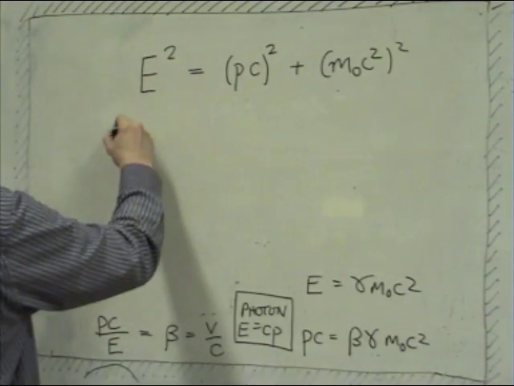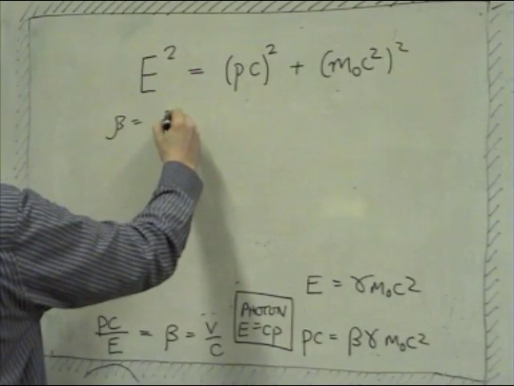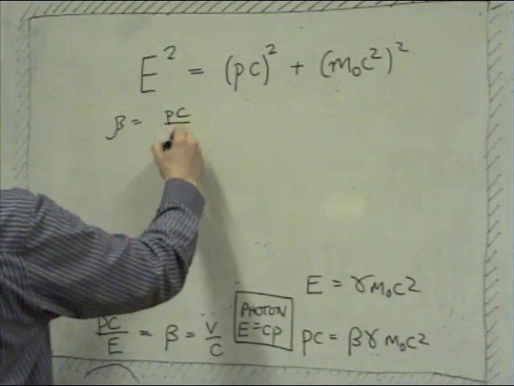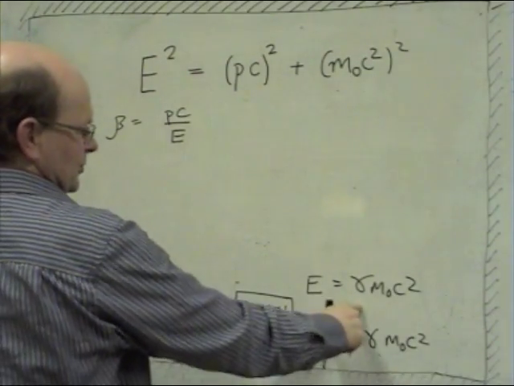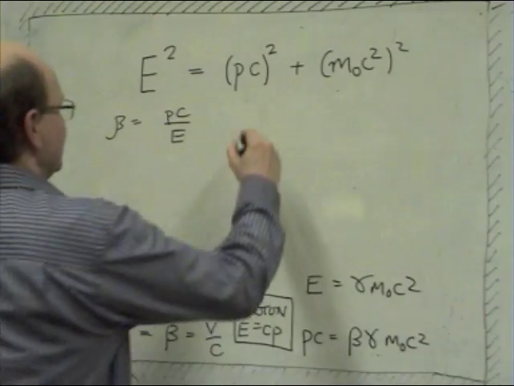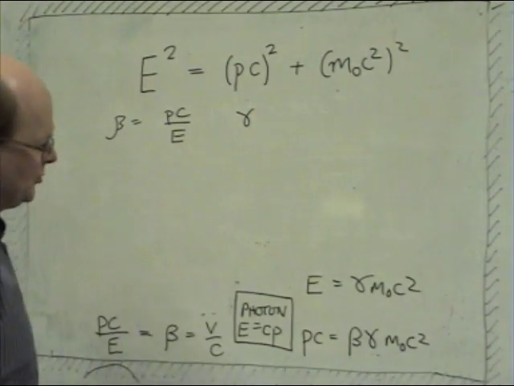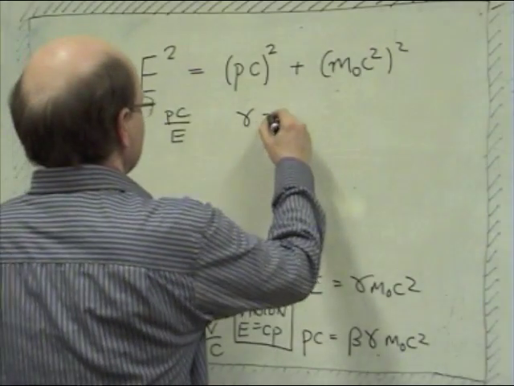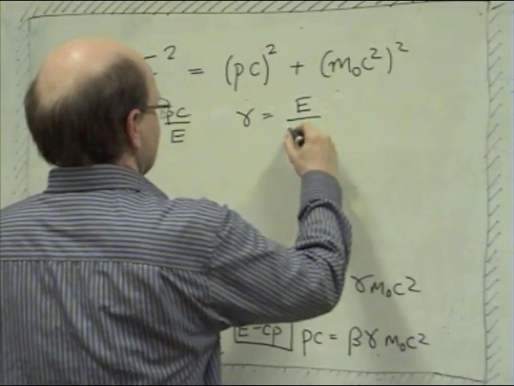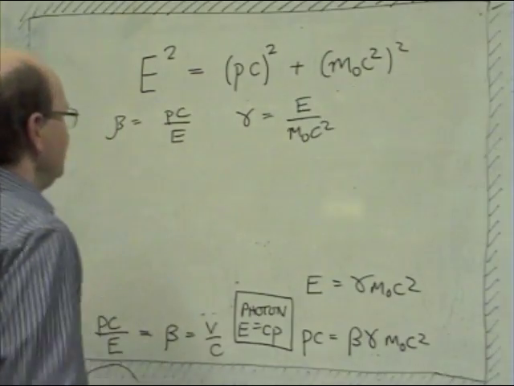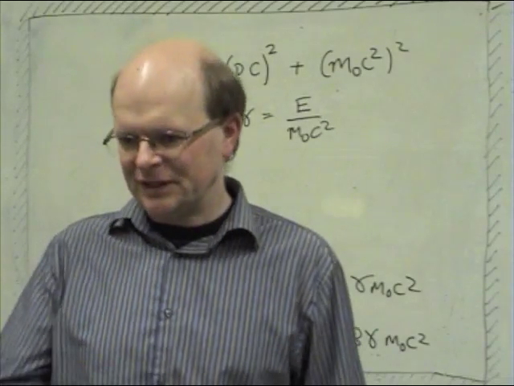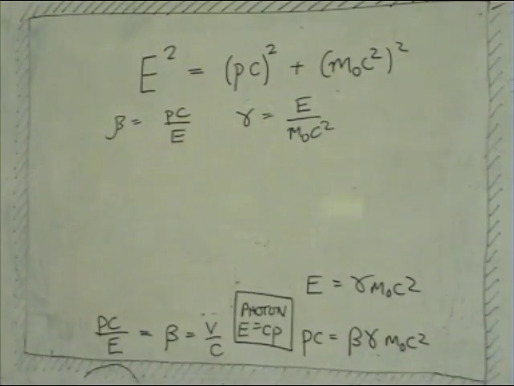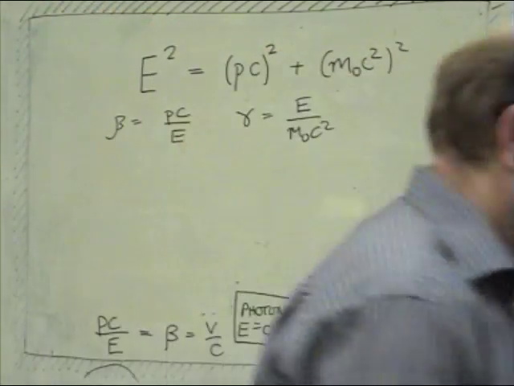And we've just learned that beta equals the ratio of the momentum magnitude times c over the energy. We also know, because we have E equals gamma m c squared, that gamma, the other quantity which we use quite a lot, equals the total energy over m naught c squared. So these two expressions provide relationships between the quantities beta and gamma, which are related to velocity, and the quantities momentum p and energy E, which are related to dynamics.